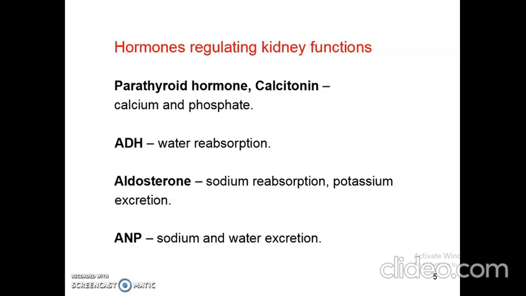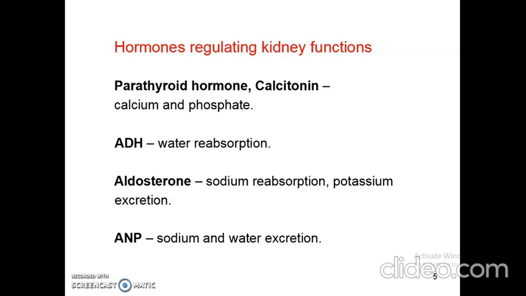The first one is the parathyroid hormone as well as calcitonin. They are actively involved in maintenance of calcium as well as phosphate level in the body. When there is a high level of calcium and phosphate, calcitonin, released by the thyroid gland, reduces it to the normal level by acting on the kidneys, by inhibiting reabsorption of calcium as well as phosphate.